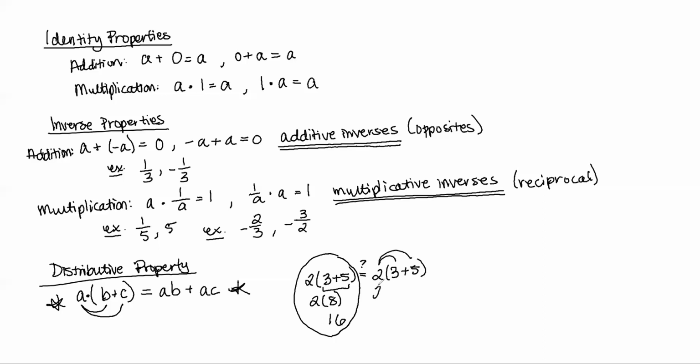So we're going to have 2 times 3 plus 2 times 5. 2 times 3 is 6, plus 2 times 5 is 10. 6 plus 10 is 16. So we do get the same thing. Again, you don't have to use it with numbers. Normally we don't. Stick to this for variables, which is what we're going to see next.